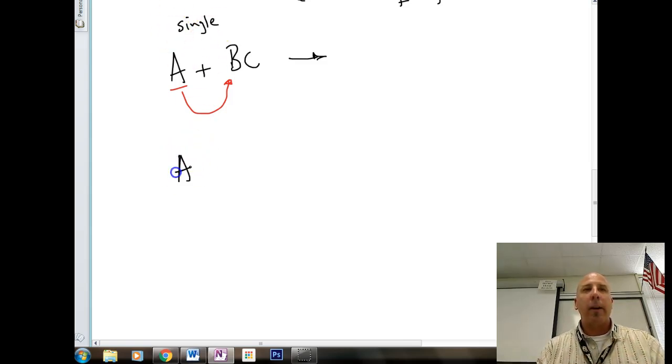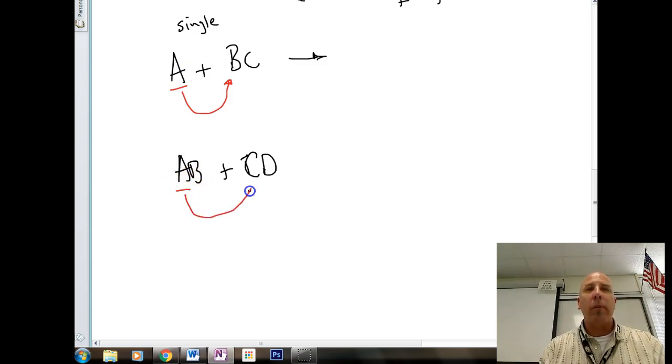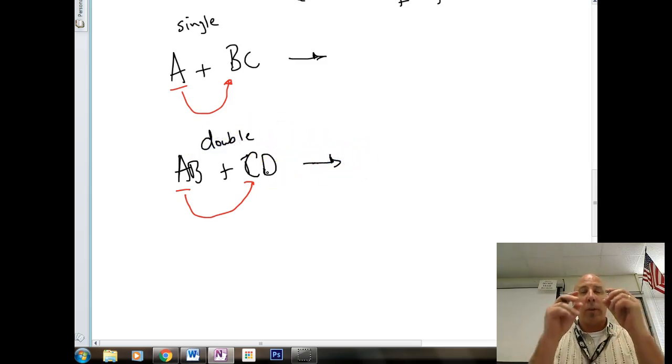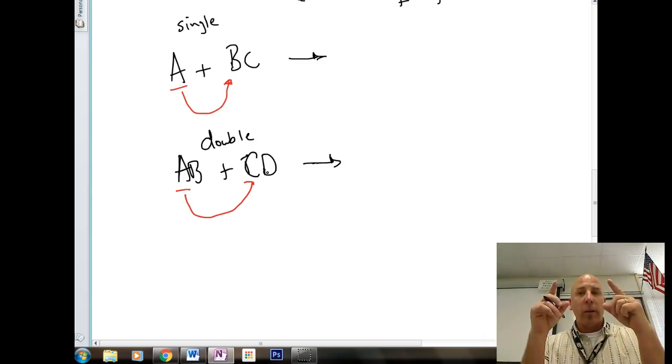If you have the format AB plus CD, hopefully you can recognize this is a double replacement, and our metals are going to switch places. And so on the other side, we're just going to switch our metals and then crisscross our charges after we look up our charges.